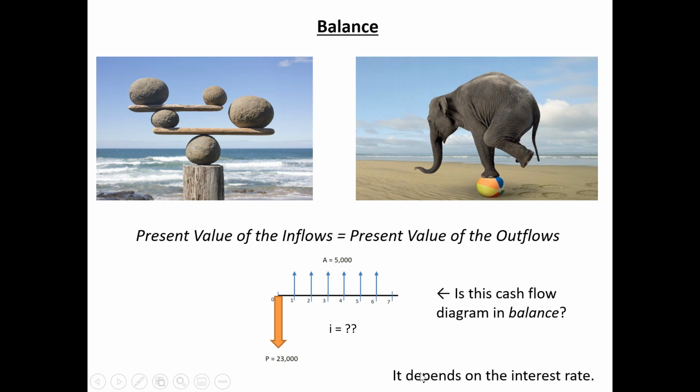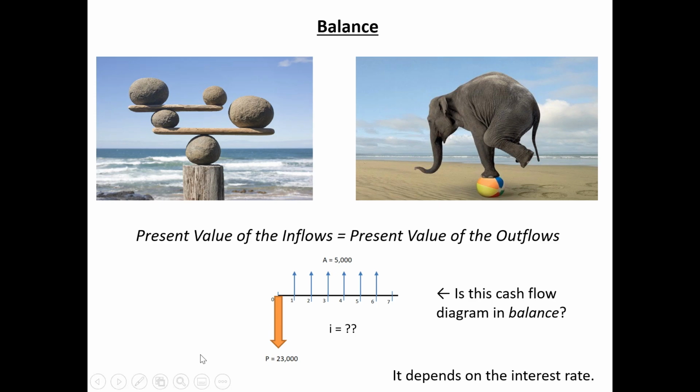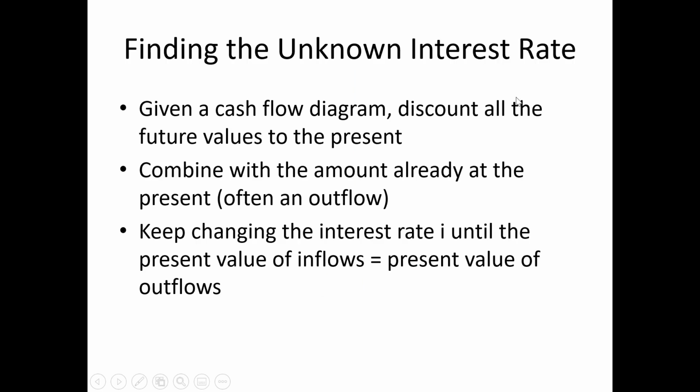We're going to be looking at a variety of different interest rates and different periods that makes inflow and outflow equal. And our process in this will be that you'll be given some cash flow diagram or a cash flow statement in English language, and you'll discount all the amounts in the future to the present. So this annual series would be taken to time 0, and you discount it at either a given interest rate or at a guess interest rate if you don't have a given interest rate.